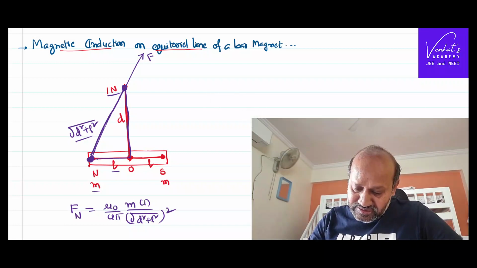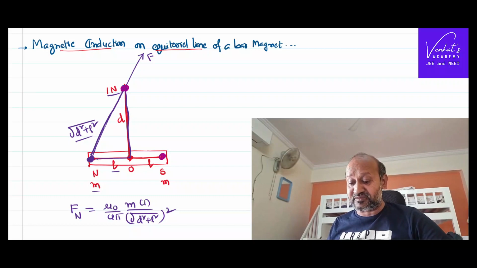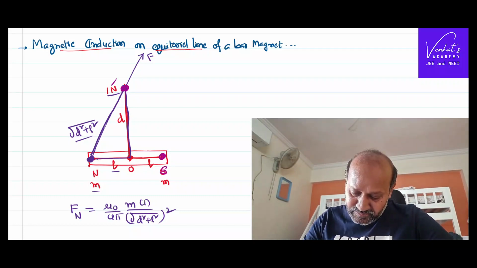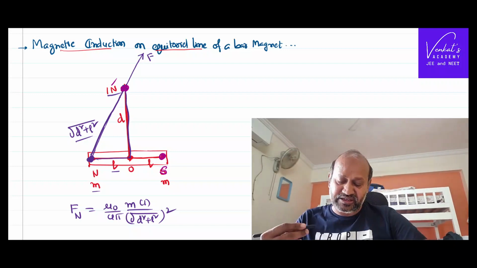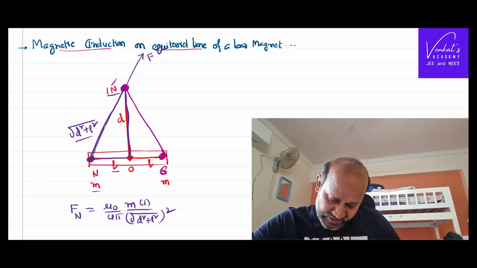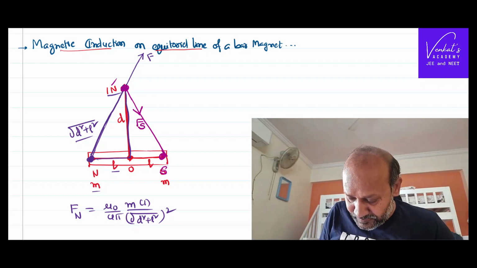Similarly, on this unit north pole, due to the south pole there is also a force. But that is a force of attraction because this is the south pole and this is the north pole. Between opposite poles, there is a force of attraction. So what is the direction of that force? This is the direction of that force, F due to the south pole.